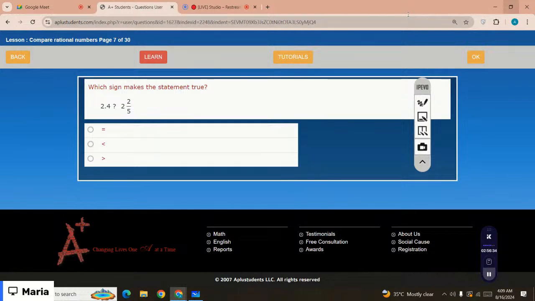Which sign makes the statement true? 2.4, you have to compare it to 2 whole 2 over 5. So which is the correct option?